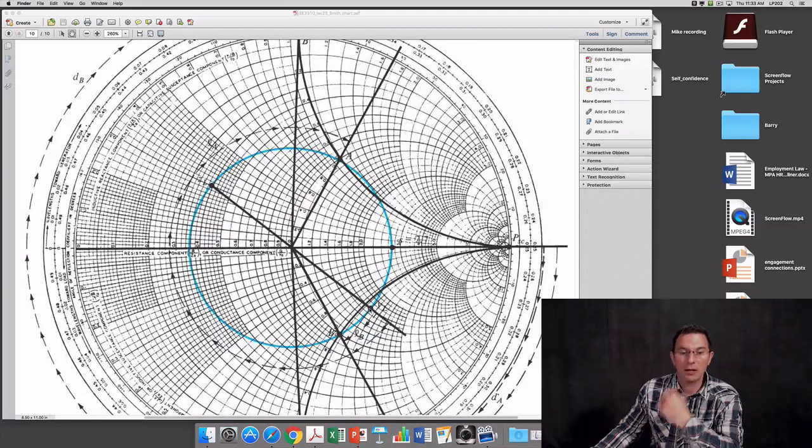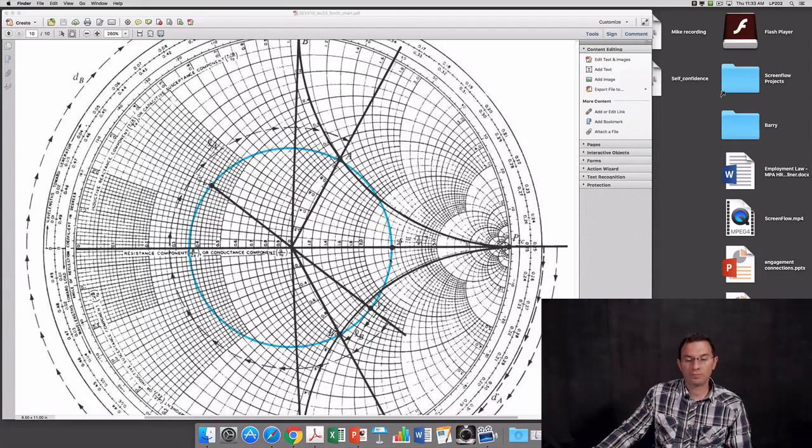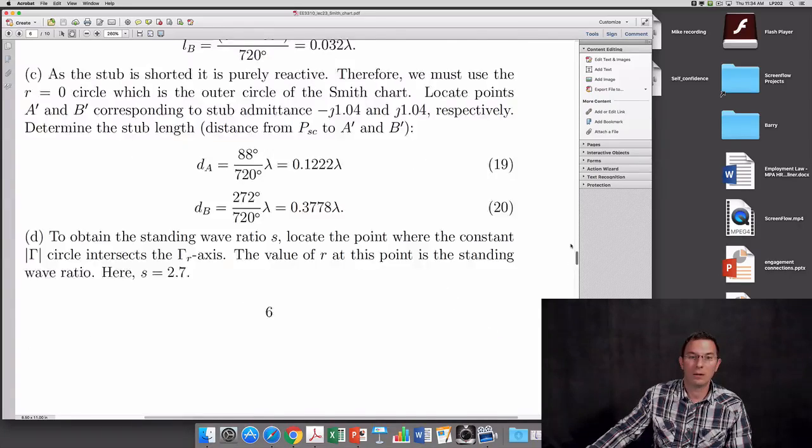So you just take a protractor and draw a circle just like that. That blue circle corresponds to a circle where the magnitude of the load admittance is constant all the way along that blue circle there. Okay, now what do we do?